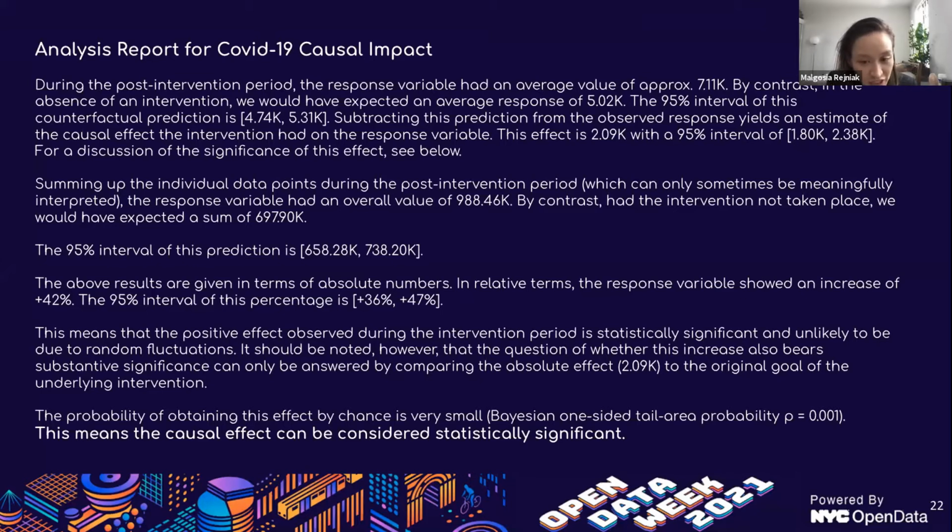That being said, it should be noted that the question of whether this increase also bears substantive significance can only be answered by comparing the absolute effect to the original goal of the intervention. That being said, just using a Bayesian one-sided tail area probability, we can say that causal effect is shown.